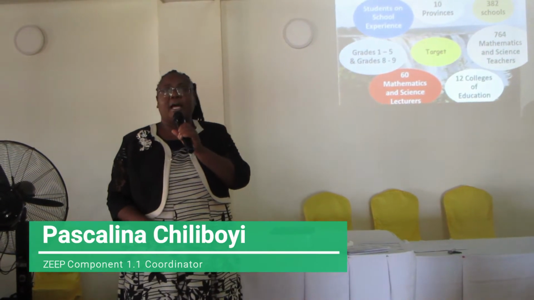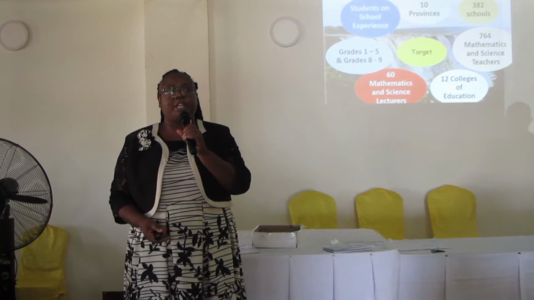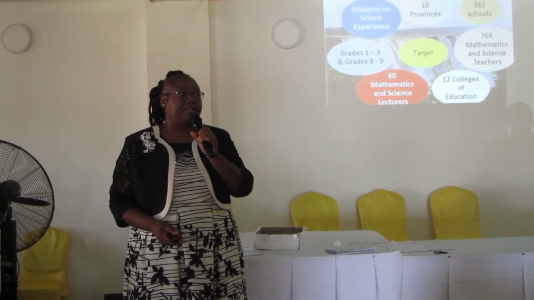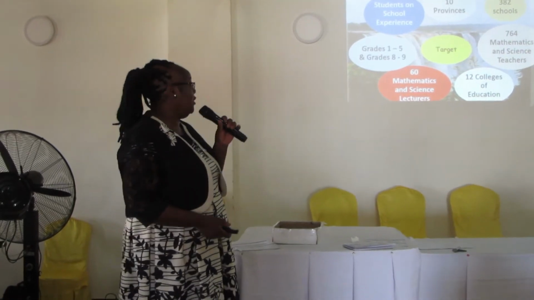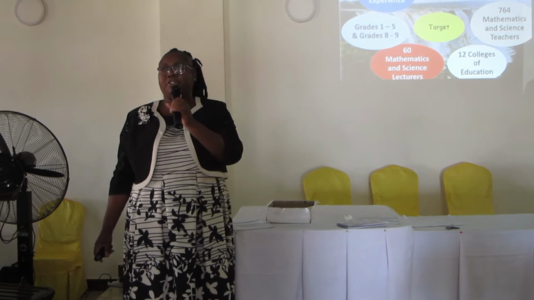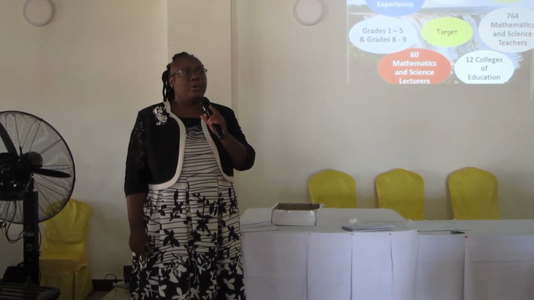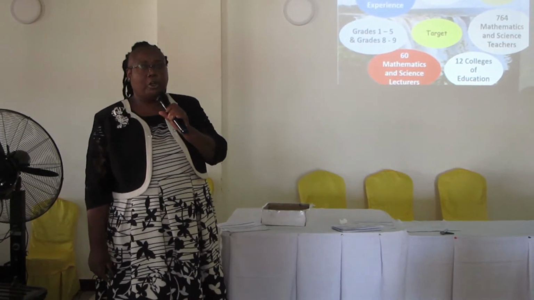This particular component is being implemented in all the 10 provinces. So no province has been left behind, and from the 10 provinces, we've identified 382 schools as our targets. Now, these 382 schools are broken down as follows.